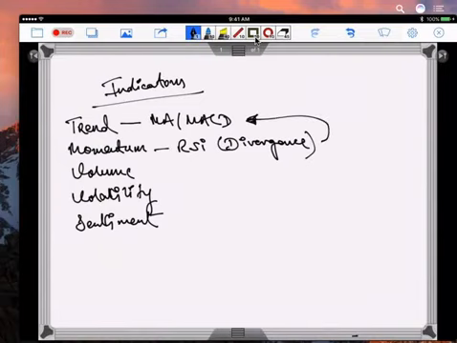Understand the concept of divergence, and the rest of the indicators will be very easy to understand and apply. Today, we will finish indicators and go into trading strategies: volume indicators, volatility, sentiment, and then we'll start with trading strategies.